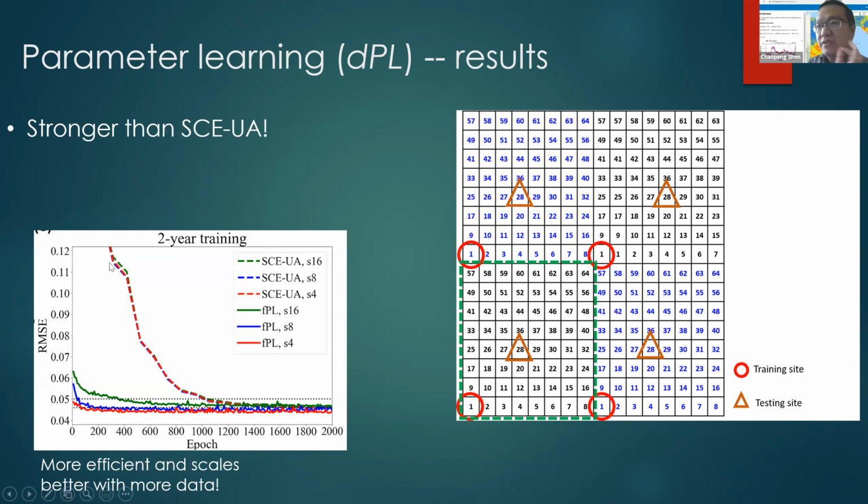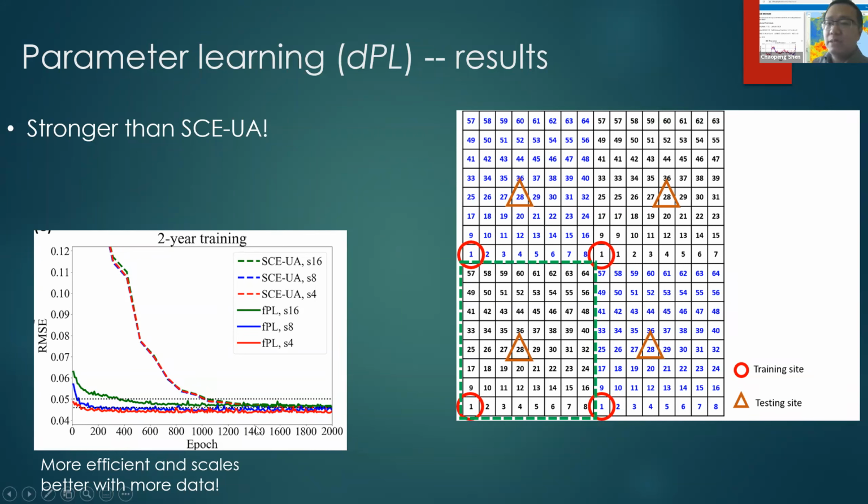What we find here is an interesting figure. We compare this with the standard shuffled complex evolutionary algorithm, and calibrate them side by side. With this kind of calibration algorithm, you calibrate here, here, and here, and you use the same parameters for the neighbors. We have the root mean squared error on the y-axis and the epochs on the x-axis.